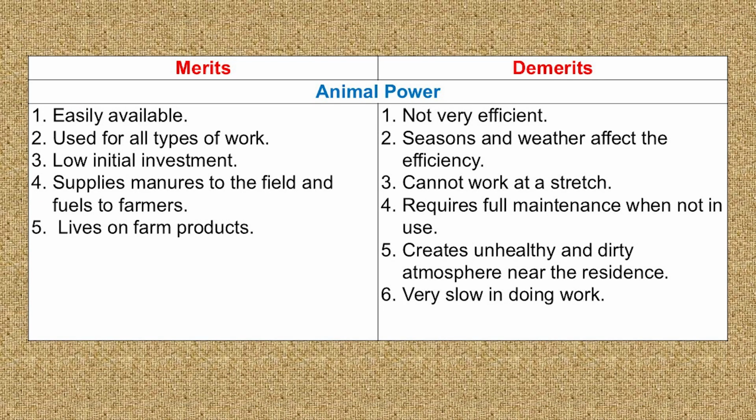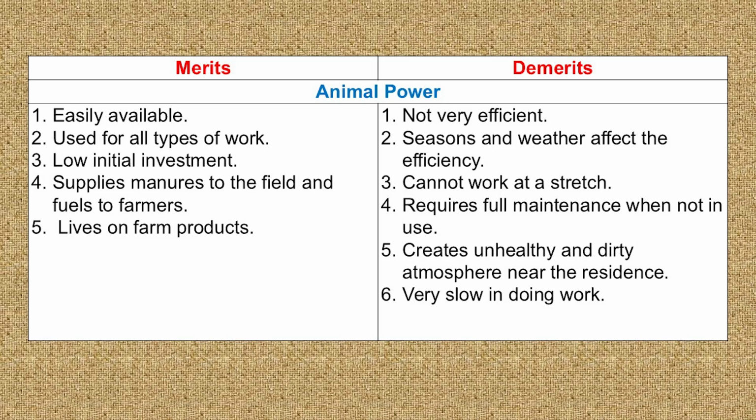Okay, so the next is animal power. As I already told you, animal power is nothing but draught animals which are used. If you call it animal power, then even humans come under this category, so it is better to call it draught animal power. Draught animal power has merits and demerits. The merits are that they are easily available.